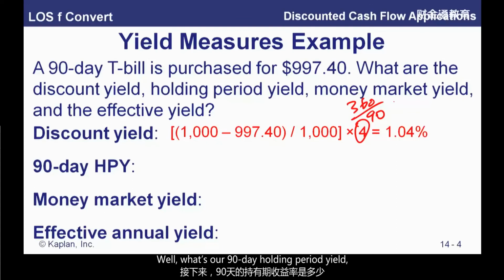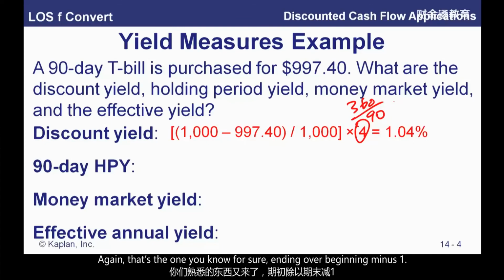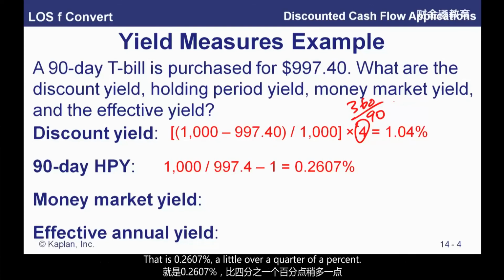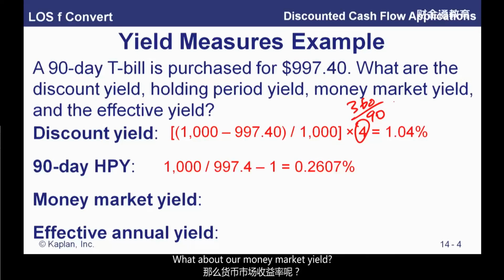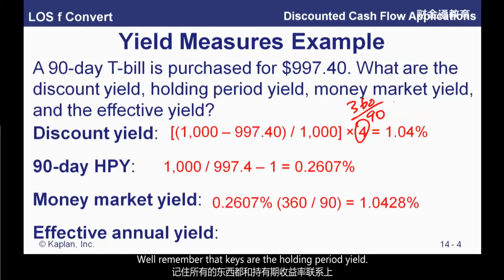Well, what's our 90-day holding period yield? Again, that's the one you know for sure, ending over beginning minus 1. That is 0.2607, a little over 0.25% is your 90-day holding period yield. What about our money market yield? Well, remember that keys off the holding period yield, but we use simple annualization.